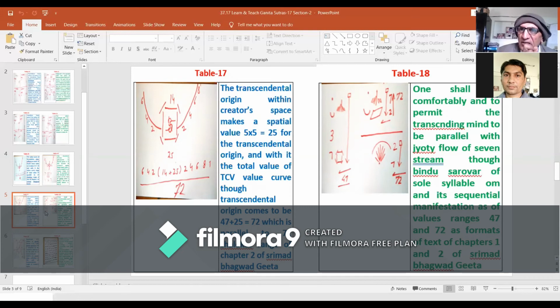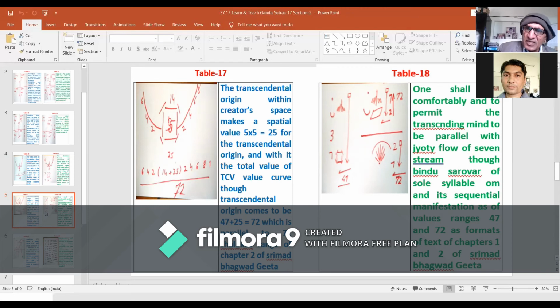Therefore, the TC values curve of the formulation will be through the creator's domain, and particularly through its transcendental origin. Then the value of this TC values curve will come 47 plus 25, that is 72, which is parallel with the 72 shlokas range of the text of Srimad Bhagavad Gita, chapter 2.